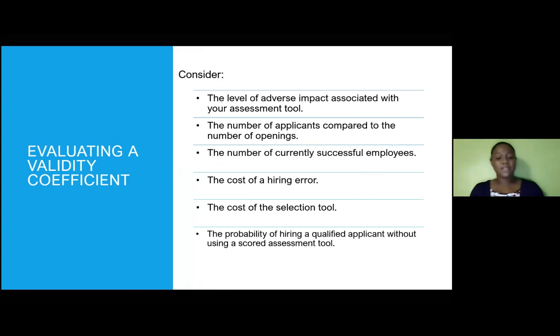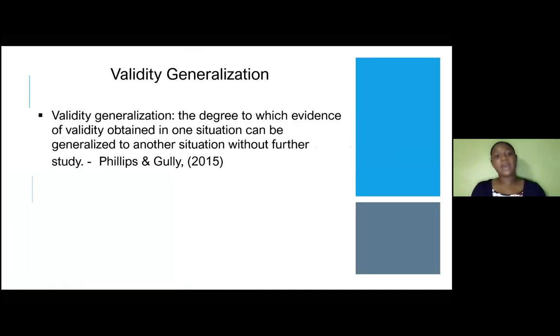So when we're evaluating a validity coefficient, we must consider a few things. So any adverse impacts that may be associated with our tool, the number of applicants, number of currently successful employees, the cost of hiring, the cost of the selection tool, and the probability of hiring a qualified applicant without using a scored assessment tool. And lastly, validity generalization.